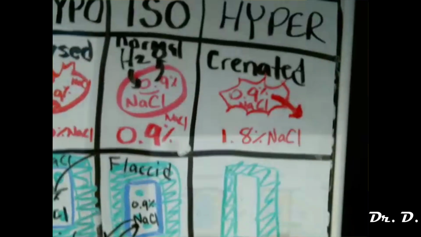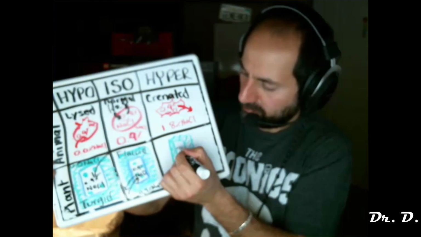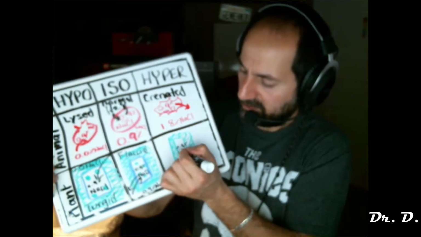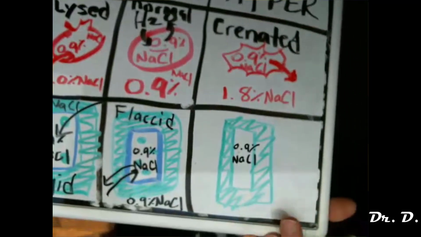So, hypertonic, do you remember what hyper means? You still have 0.9% salt inside. You still have 0.9% NaCl inside, that doesn't change. But what would a hypertonic environment do?